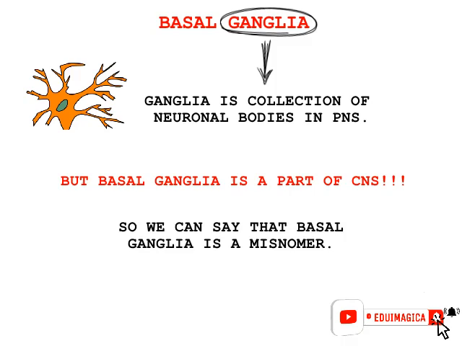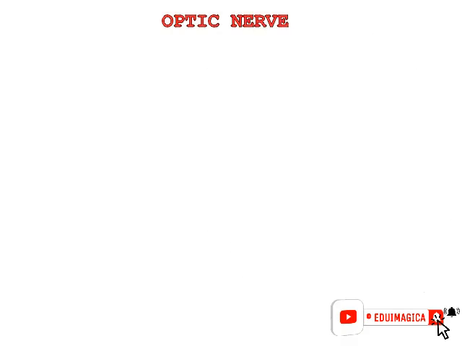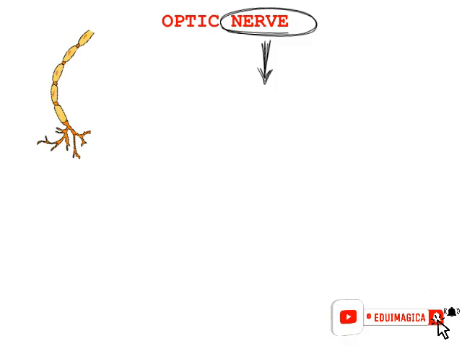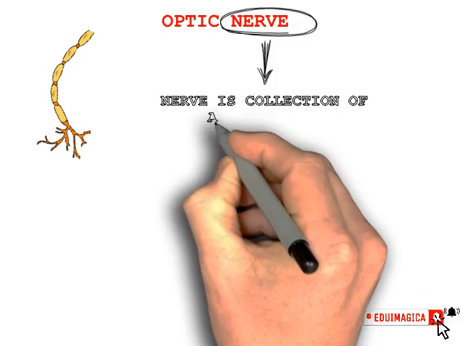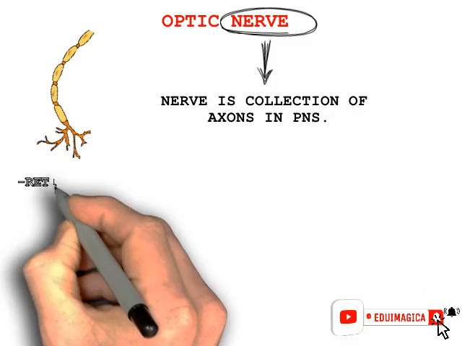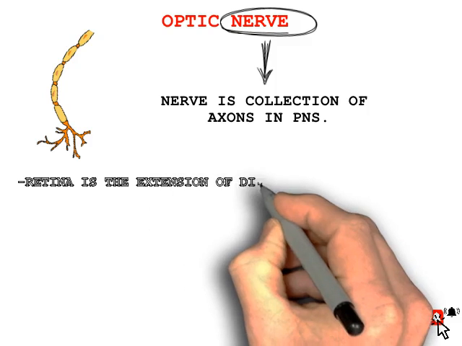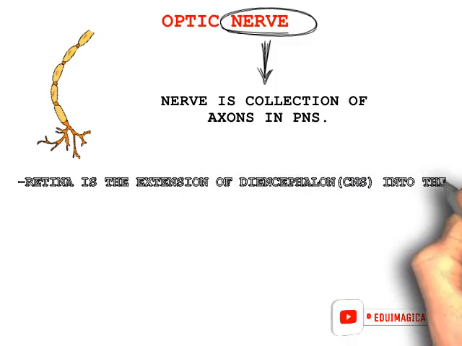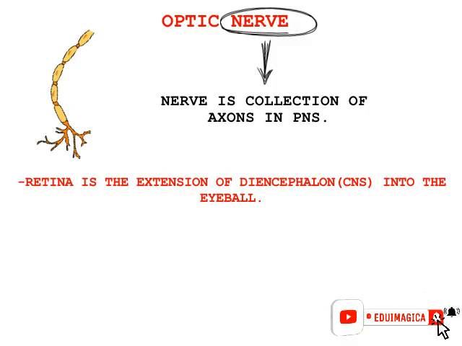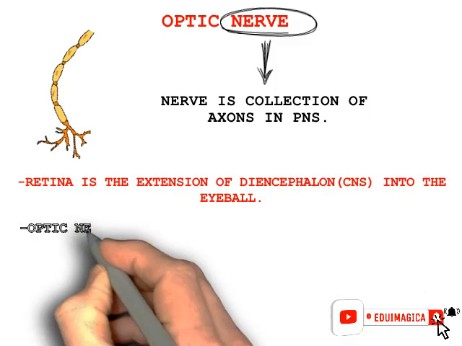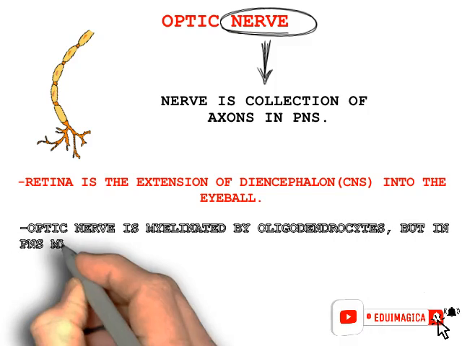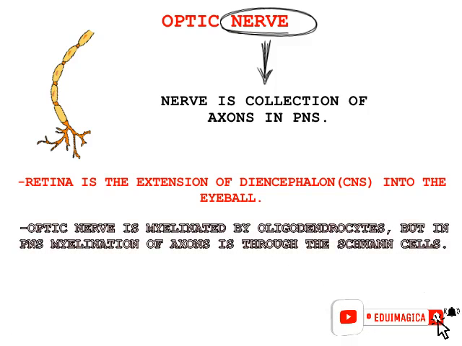Now let's talk a few words about the optic nerve. Here too, a nerve is the collection of axons in the peripheral nervous system. So what we can assume here is that, as we all know, the retina is the extension of the diencephalon part of the brain into the eyeball, and the optic nerve is myelinated by oligodendrocytes, but in the case of the peripheral nervous system, the myelination is through Schwann cells.